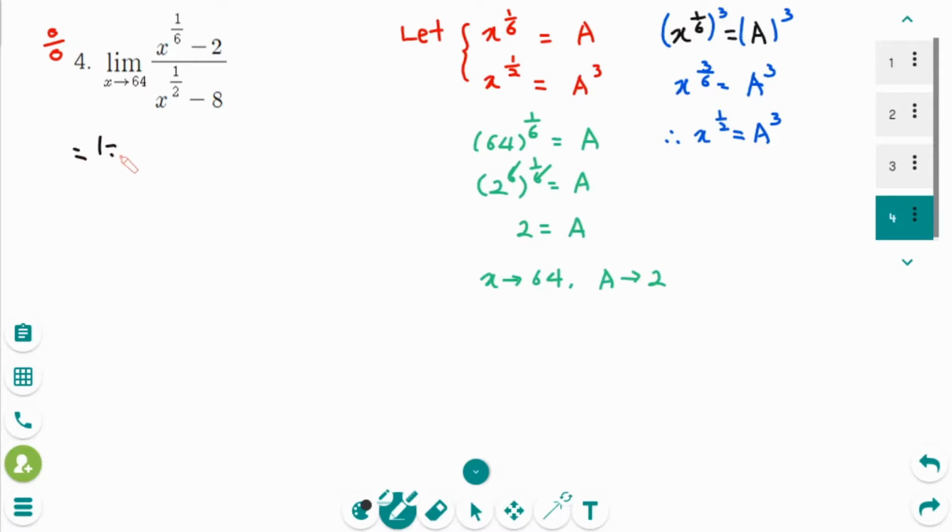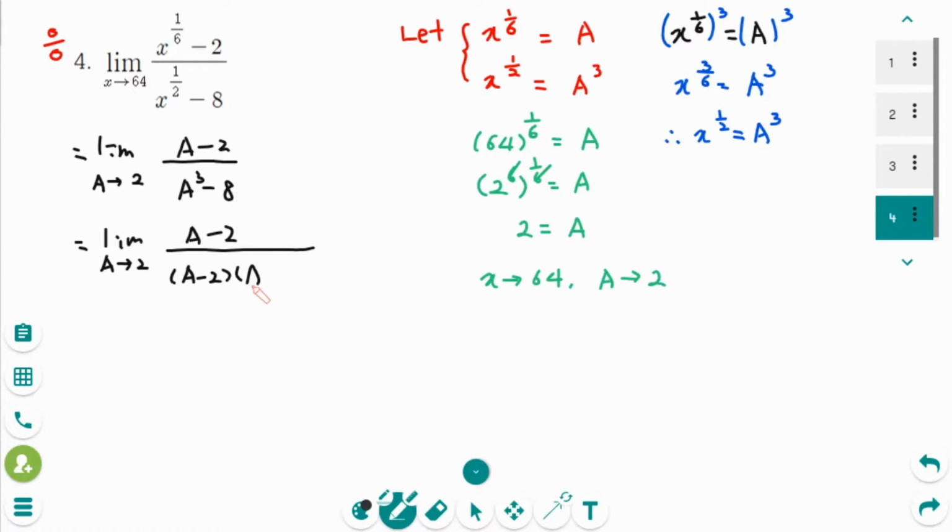So the limit becomes this one, a minus 2 over a cubed minus 8. You can factor the denominator into a minus 2, a squared plus 2a plus 4. And cancel the common factor.